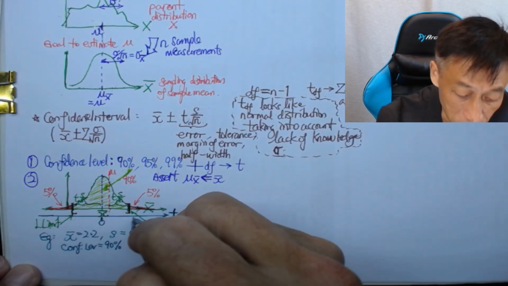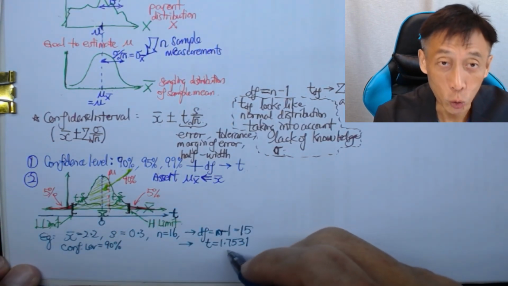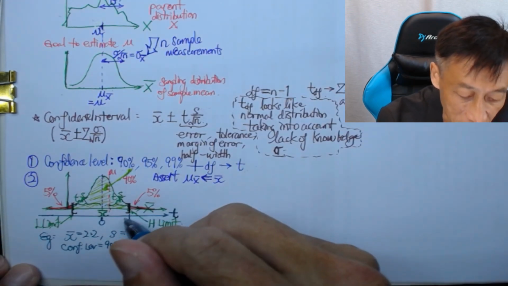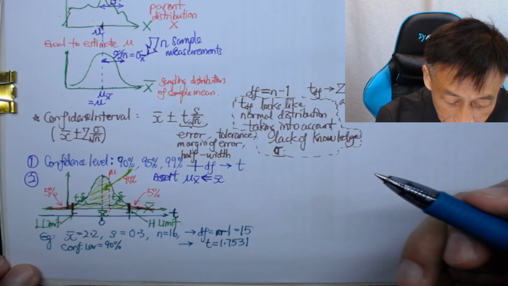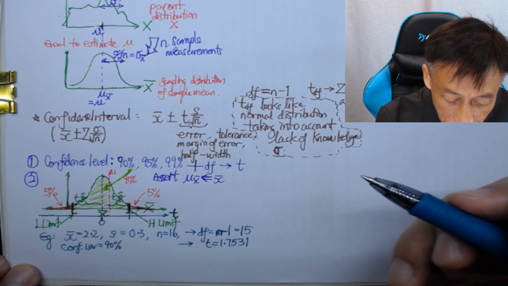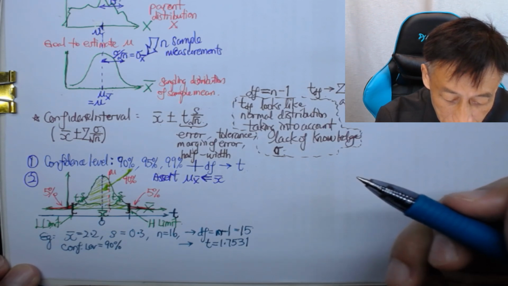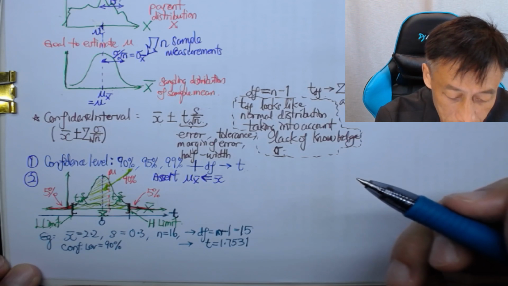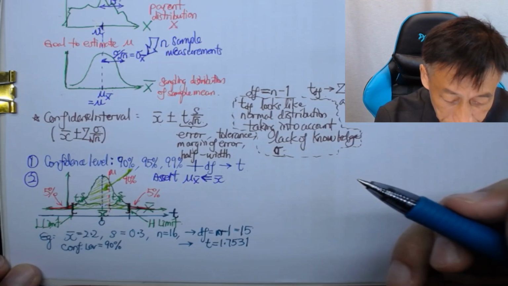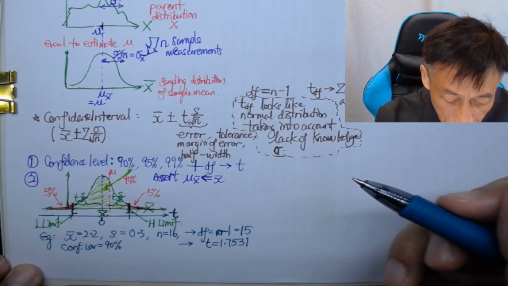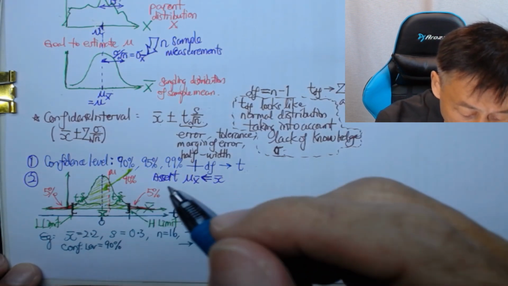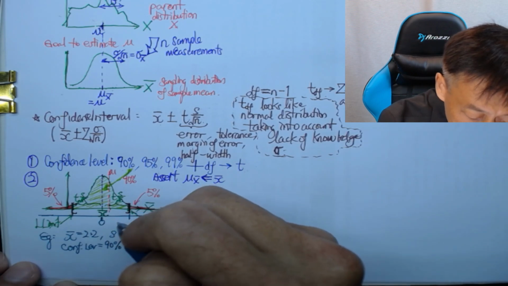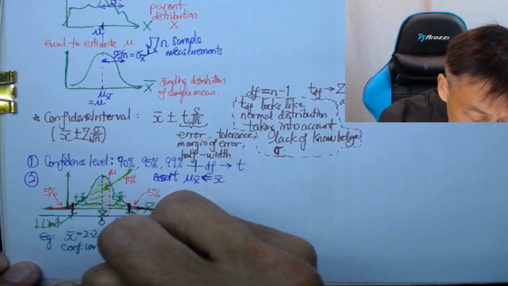But the reason why we have this number, when you do the table lookup for the t distribution, is that this number is exactly the t value, x bar minus mu, going to be this t value here, 1.7, actually here.